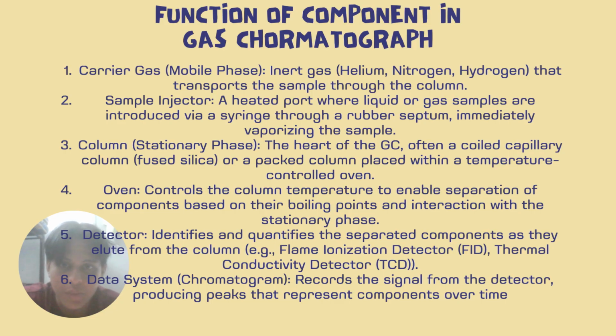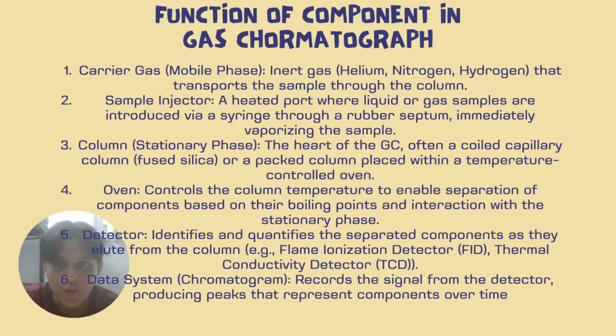Next, the sample injector, a heated port where liquid or gas samples are introduced via a syringe through a rubber septum, immediately vaporizing the sample. Next, the column, the stationary phase, the heart of the GC, often a coiled capillary column, which is fused silica, or a packed column placed within a temperature-controlled oven.